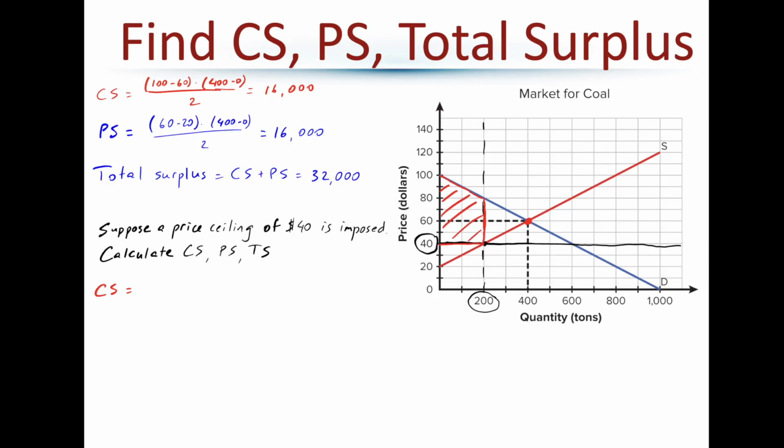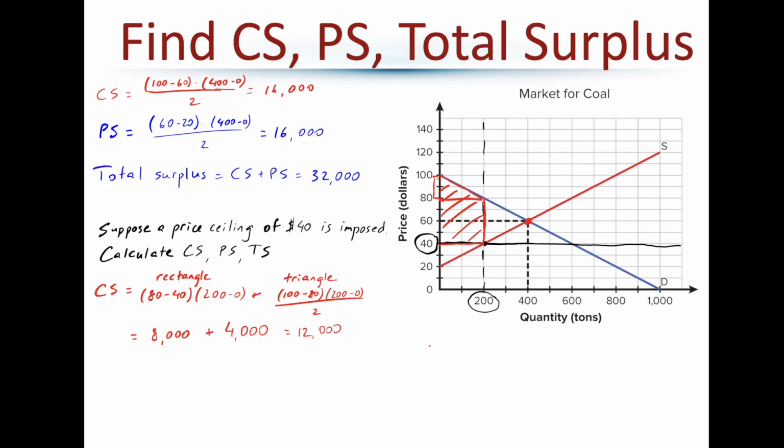And to calculate this area, we can separate it into a triangle and a rectangle. So the area of the rectangle will be 80 minus 40 times 200 minus 0. The area of the triangle will be 100 minus 80 times 200 minus 0, divided by 2.